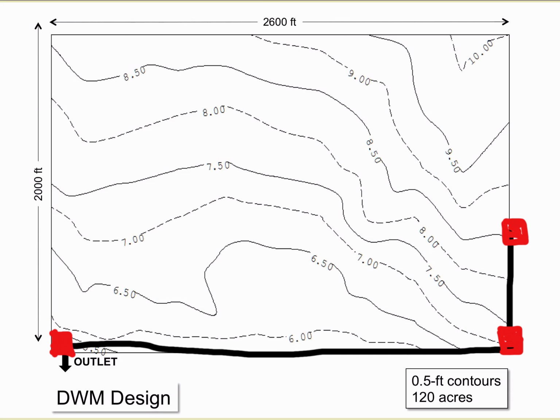These structures over here on the east side, perhaps these could drain straight to the outlet.